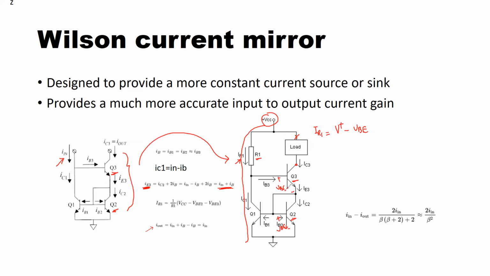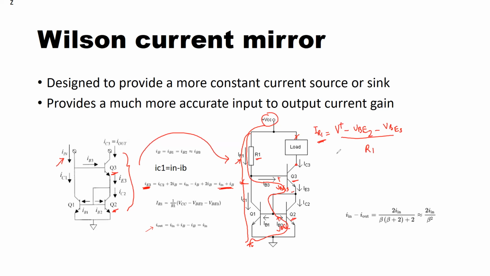So you basically are coming from here and going to the ground, the common terminal like this, not this one. So it is V plus minus VBE2 minus VBE3, divided by the value of the resistor R.